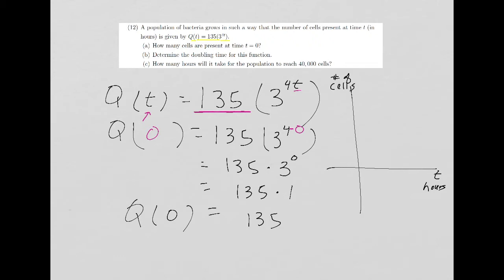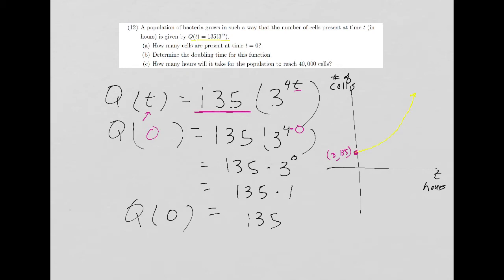So the model, I won't draw this to scale just because of the size of my slide, is telling me that my y-intercept is (0, 135). Another way of saying this is when the biology lab started the experiment, there were exactly 135 cells in my petri dish. And now the model, you could graph it perfectly if you want to use Desmos or Wolfram Alpha, but I'm going to just draw a general shape.